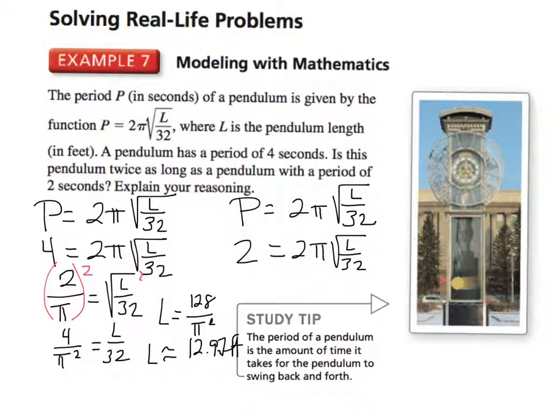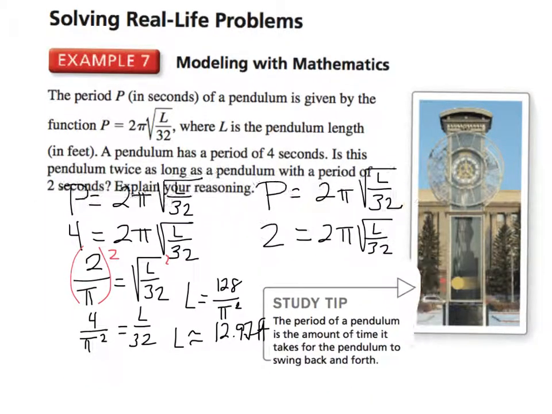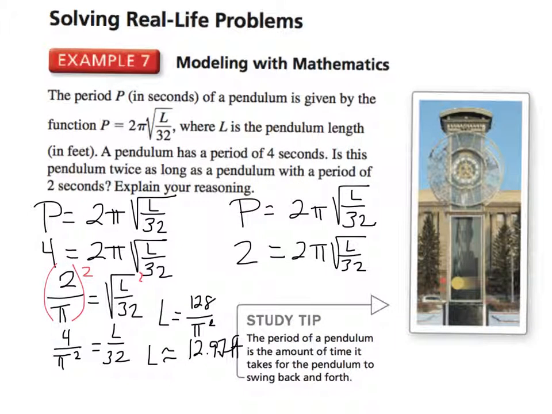If you solve the other one the same way, I'll save you time. You're going to get L is approximately 3.24 feet. So is it twice as long?